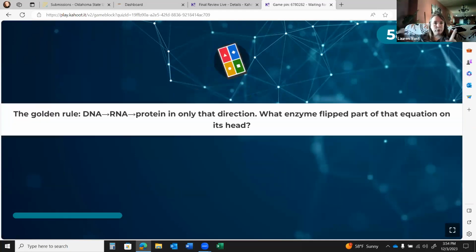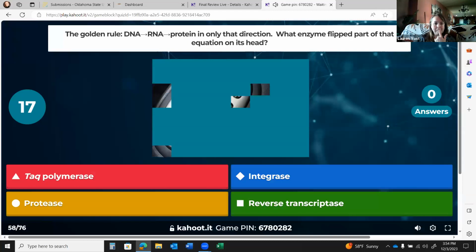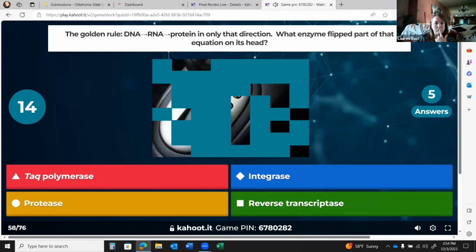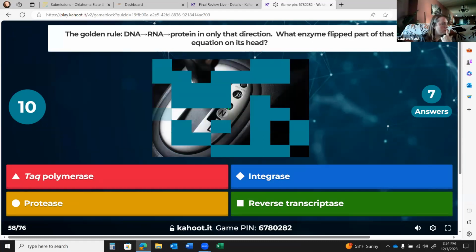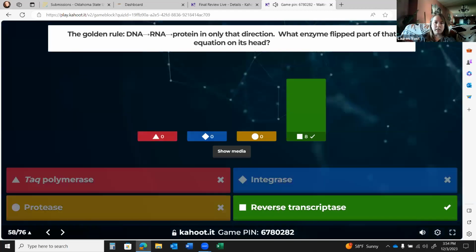All right, the golden rule was DNA to RNA to protein, but which enzyme flipped that whole idea on its head? Yeah, so that's reverse transcriptase.